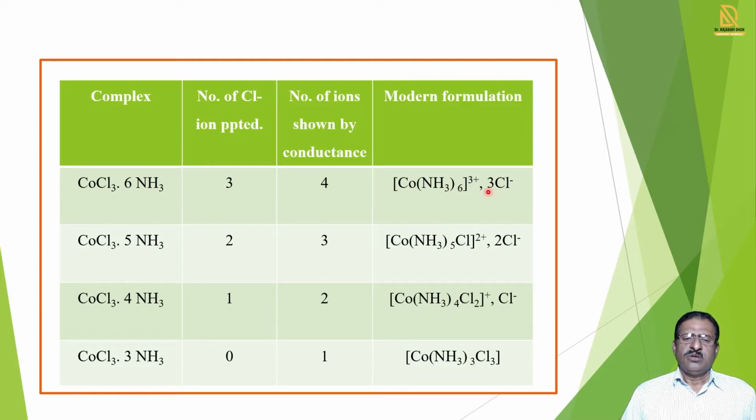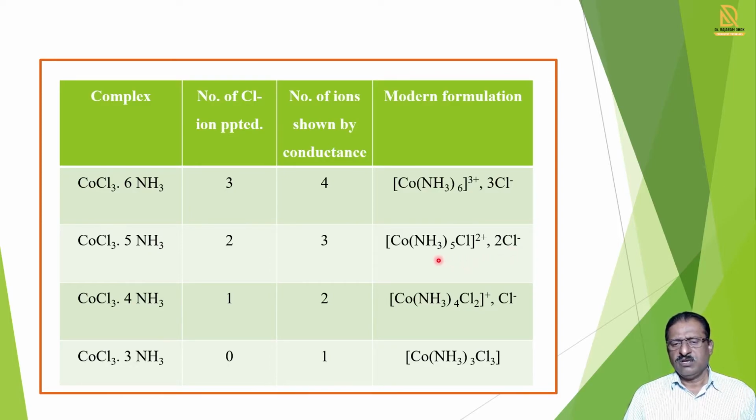Now we take one other example, CoCl3 with 5NH3. How is that complex formed, and does it satisfy both primary and secondary valencies of Werner's theory? When CoCl3 is added to 5NH3, there is formation of the product [Co(NH3)5Cl]2+, and 2 Cl- ions are outside the square bracket.